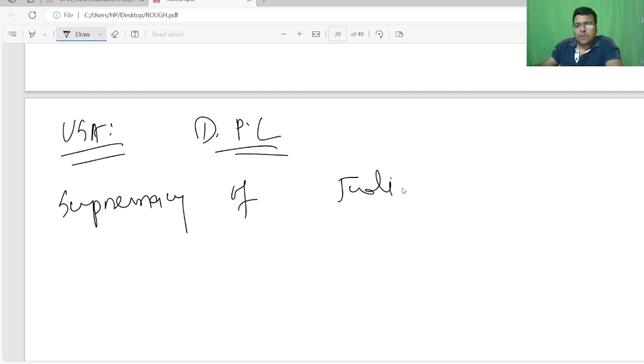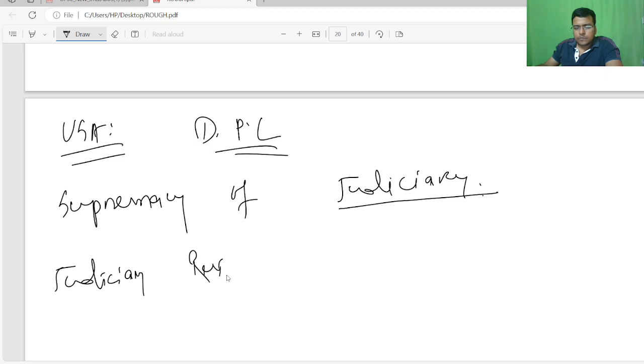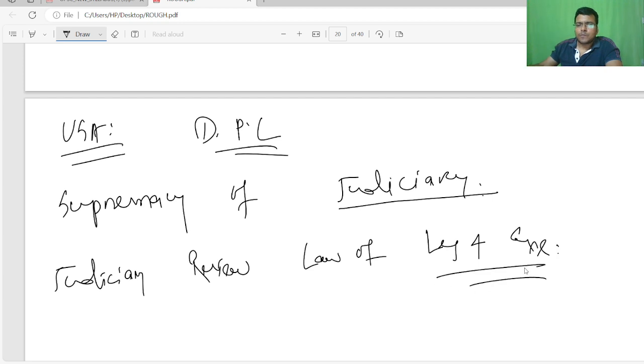Supremacy of judiciary, or judicial supremacy. The judiciary can interpret law and review laws formulated by the legislature and executive.